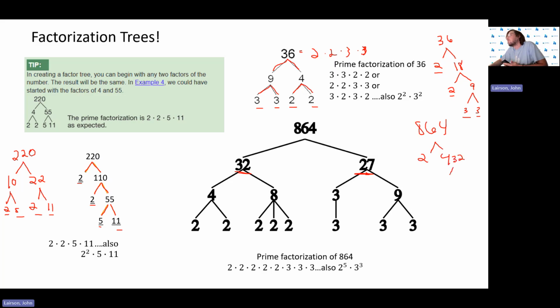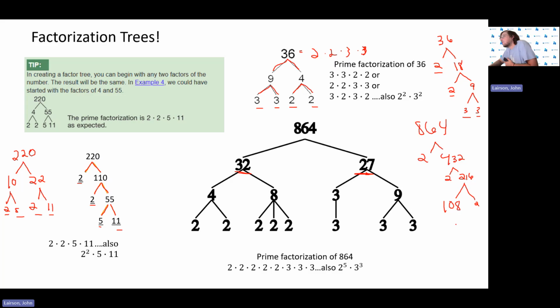This is also even. I'm going to pull out another 2. I'm going to make sure I have enough space here. 432 divided by 2 is 216. This is even again. I'm going to put 2 on this side so I can work my way back that way. 216 divided by 2 is 108.